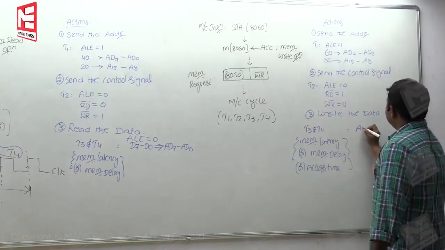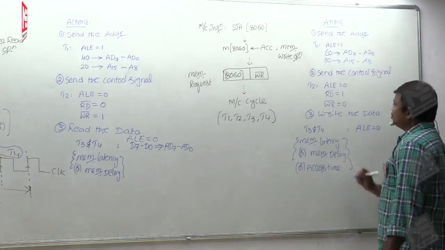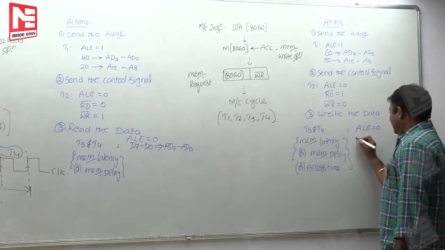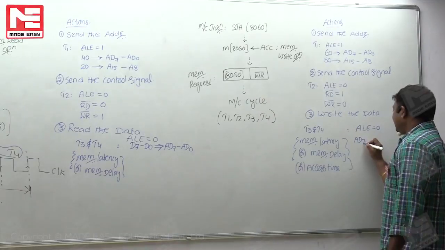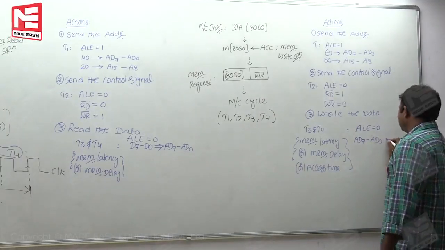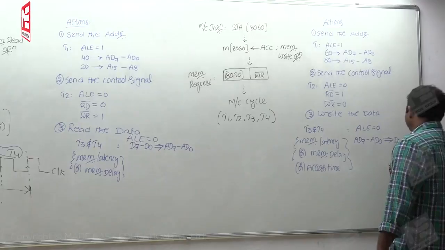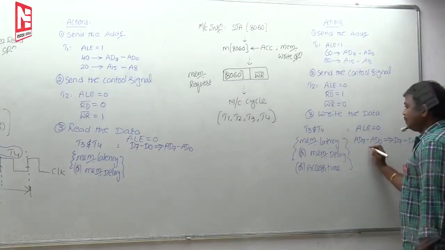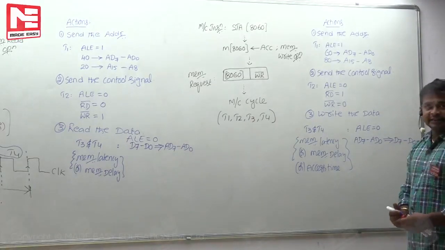So here ALE pin is required to be 0. After that, data is coming from the AD0 to AD7. That is passing to D7 to D0. That means CPU to memory data transfer.